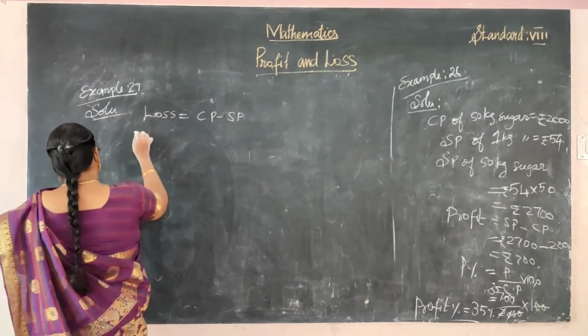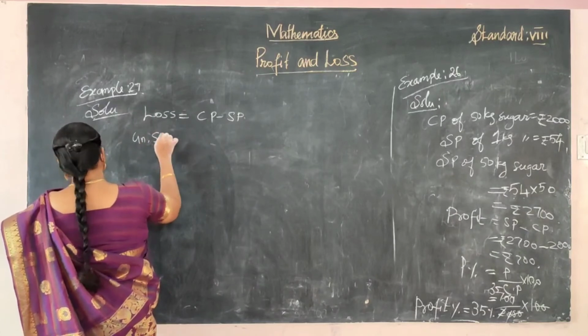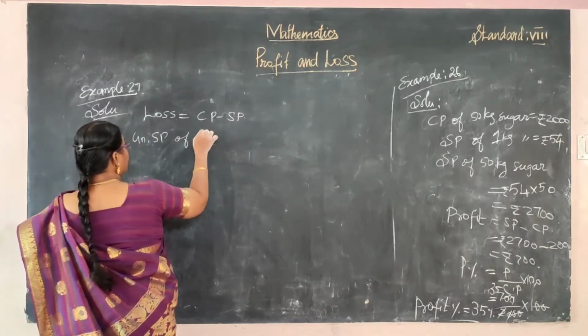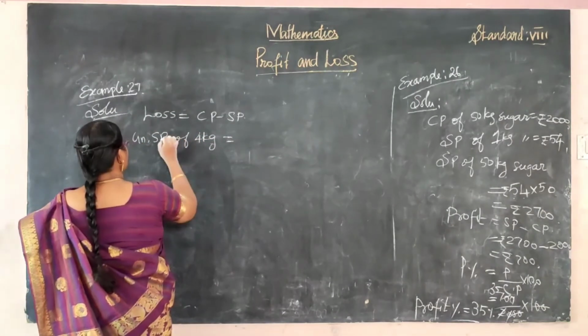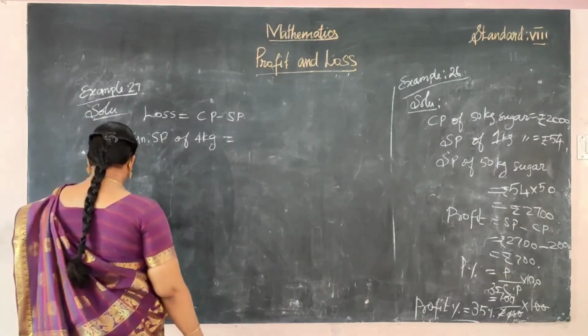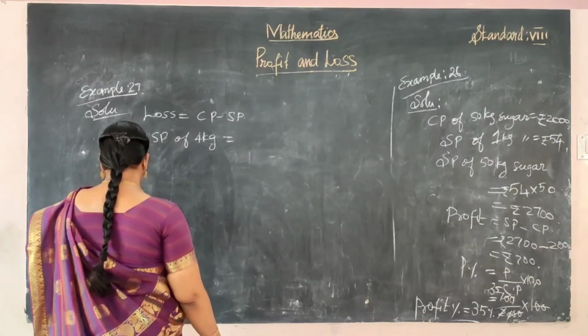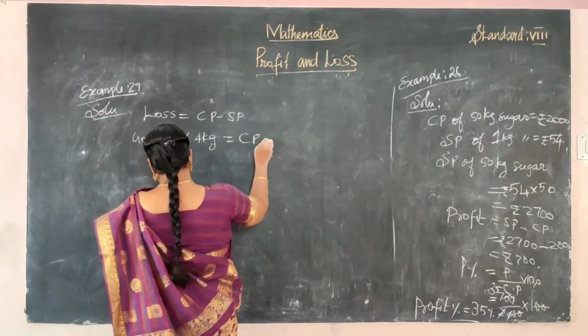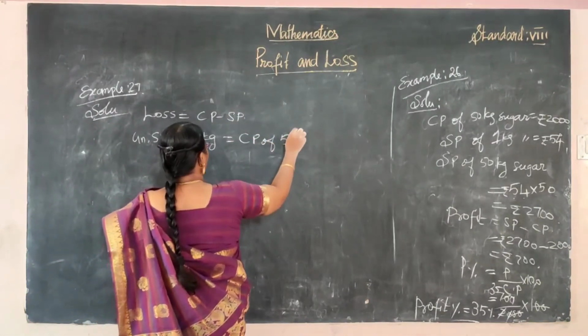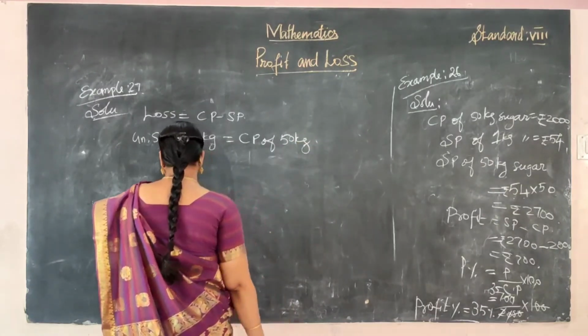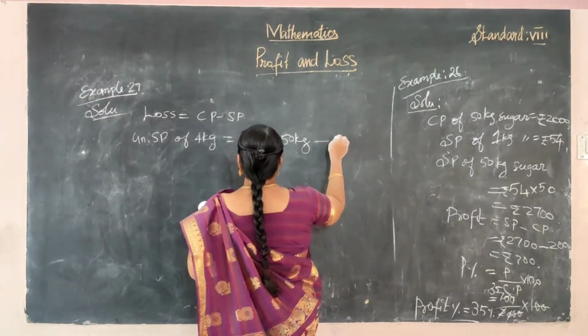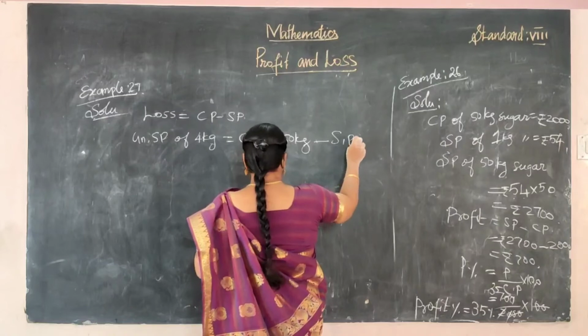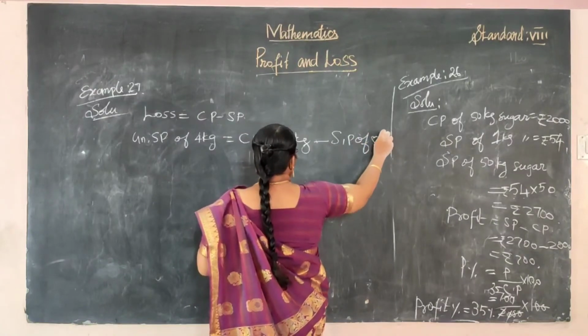Given, the selling price of 4 kg of apple is equal to the cost price of 50 kg of apple minus the selling price of 50 kg apples.